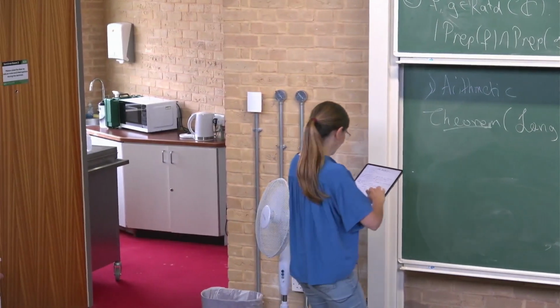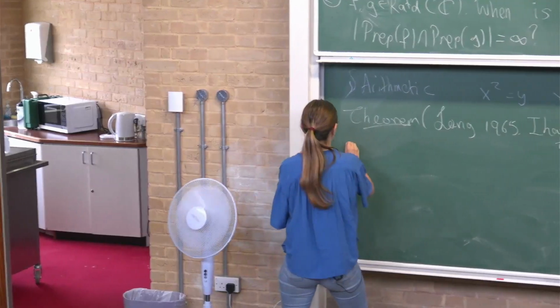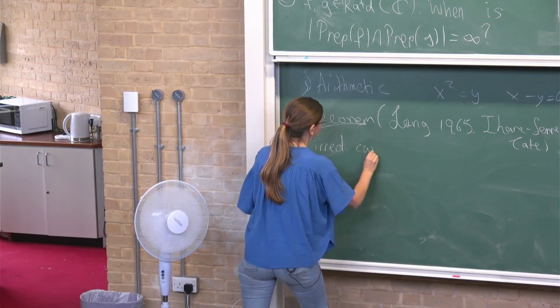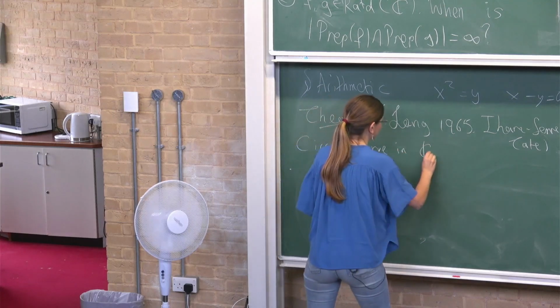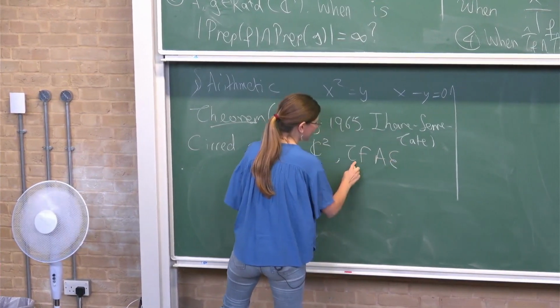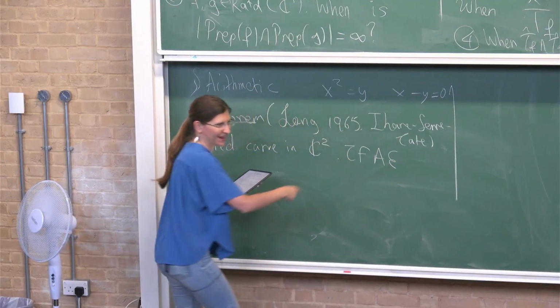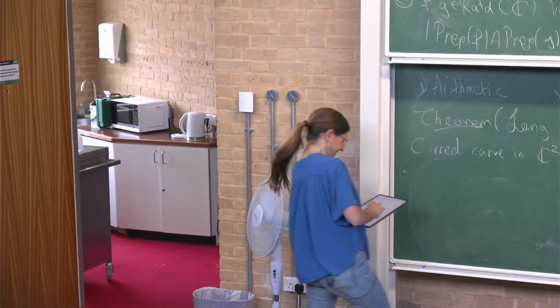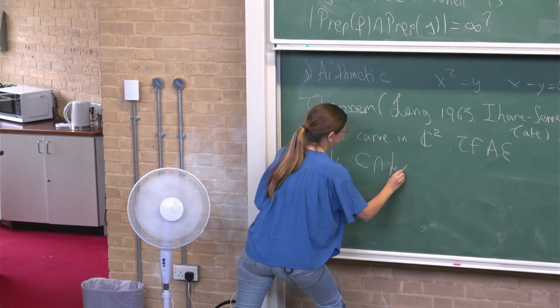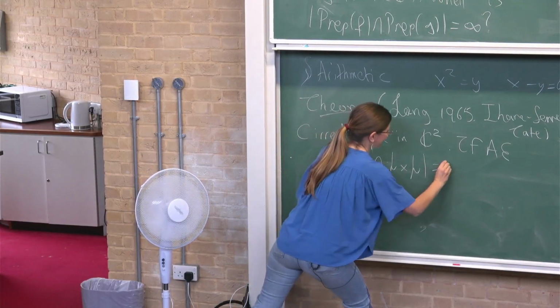I'll repeat the statement. C irreducible curve in C square. The following are equivalent. First, the curve goes through infinitely many points with coordinates roots of unity.